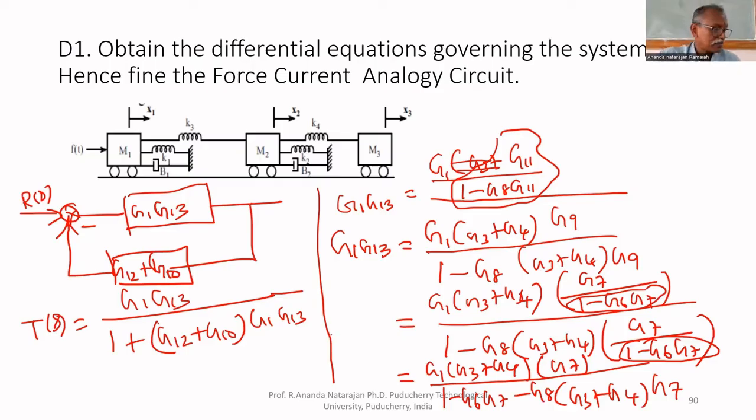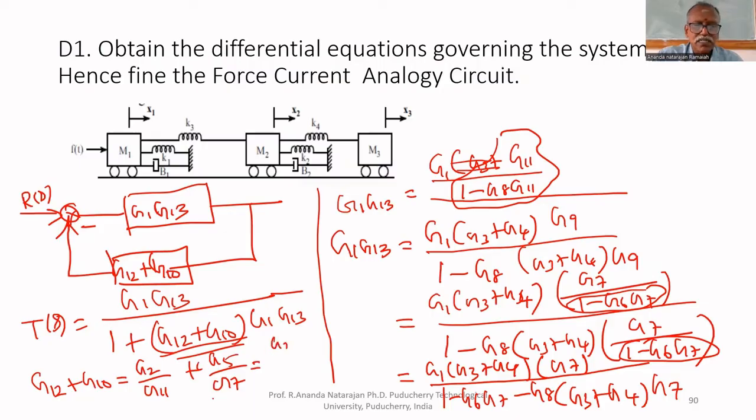The denominator part is G12 plus G10. That we have to find. G12 plus G10 equal to, G12 equal to G2 by G11, plus G10 equal to G5 by G7. That is equal to G2 by G11, where G11 equals G3 plus G4 multiplied by G9, plus G5 by G7.